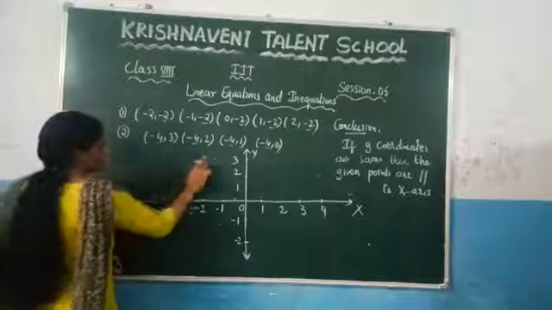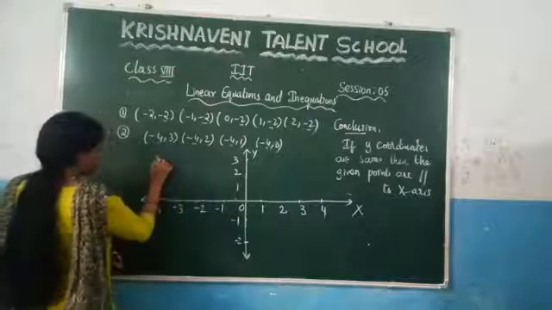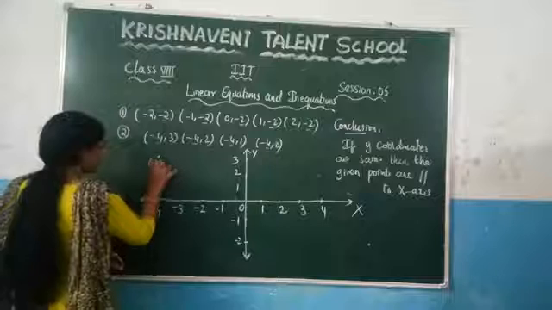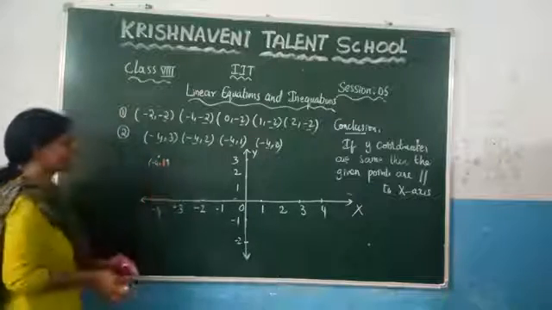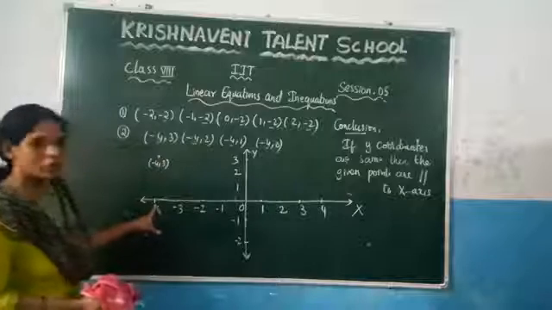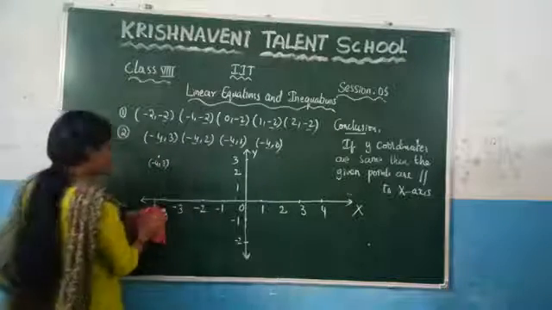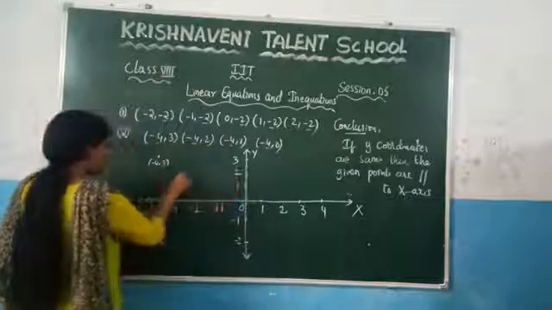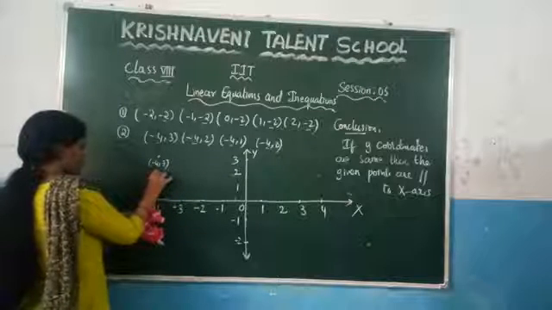Write (-4, 3). And after that (-4, 2). Again this is -4 and this is 2, and you will get the point here.